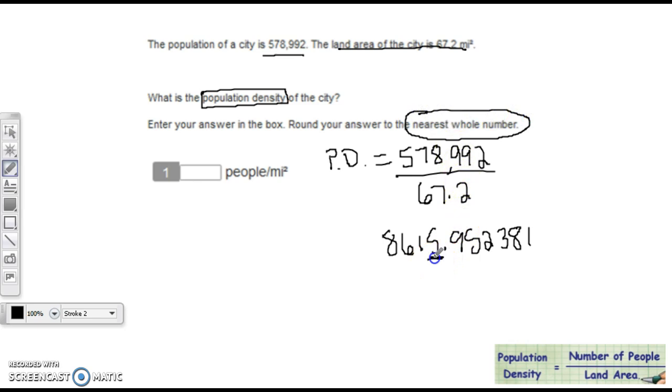So if I want to round it to the nearest whole number, I need to look at the first decimal place. And that 9 is going to make that 5 go up to a 6. So the answer here would be about 8,616 people per every square mile. So within every square mile, there's about 8,616 people.